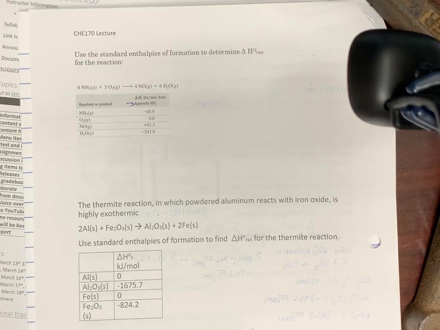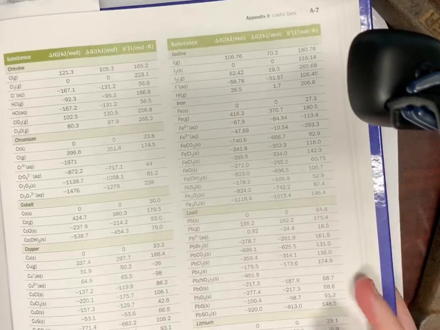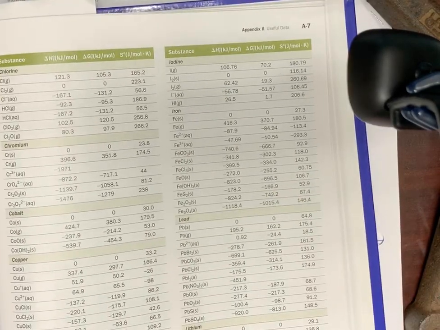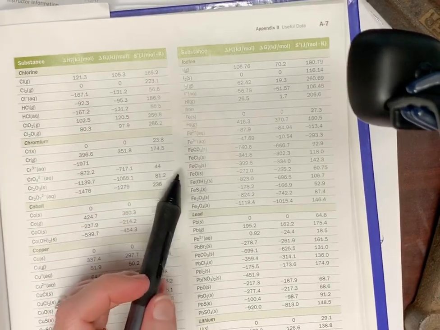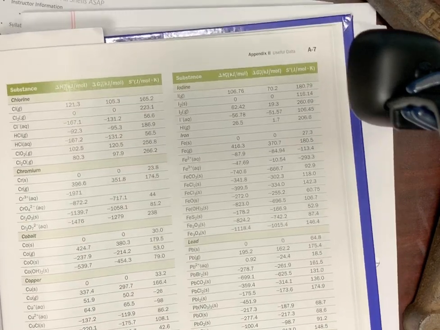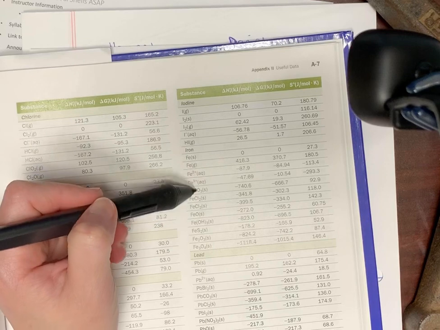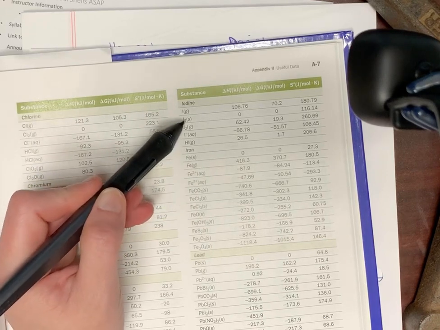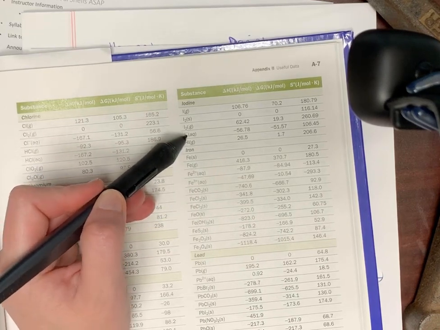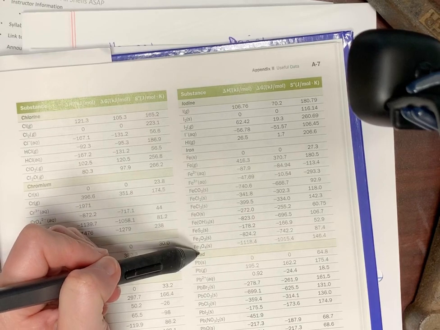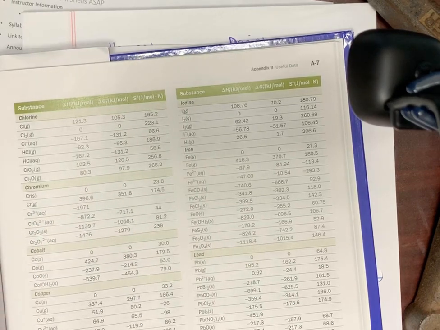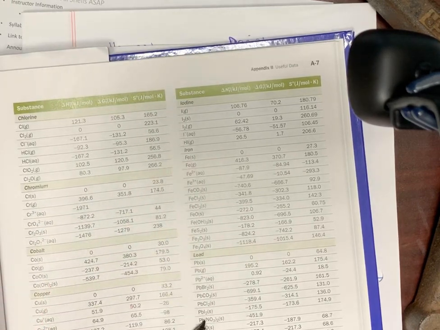Here we go. So when you look at these in the back of the book, you have to be careful because it's going to give you multiple things. It's going to tell you what the compound is. So make sure you find the right one, whether it's a solid, a gas, solution, whatever. They're in alphabetical order according to the first element.